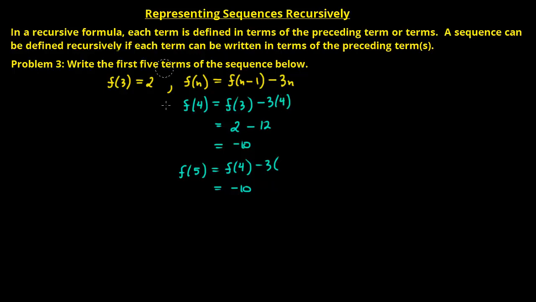So I've got f of 5 is equal to f of 4 minus 3 times 5. So I've got negative 10 minus 3 times 5, which is 15. So that's equivalent to negative 25.